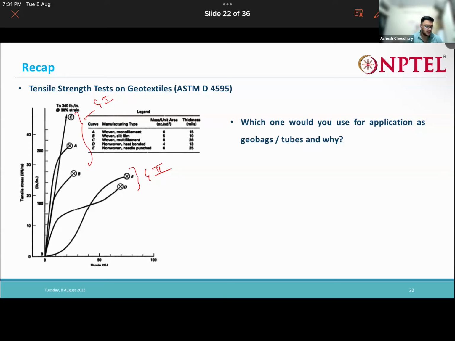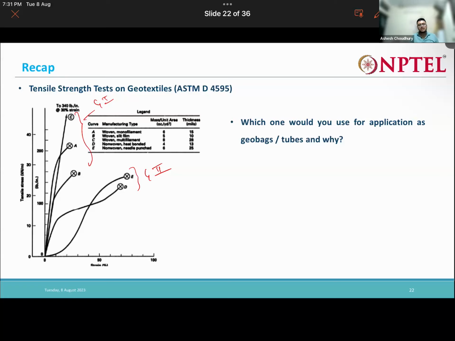See, what happens is that these geotextile tubular structures undergo large strain due to deformation and ground movement. They are facing the shore, right? So there is soil movement, and then waves are hitting them.